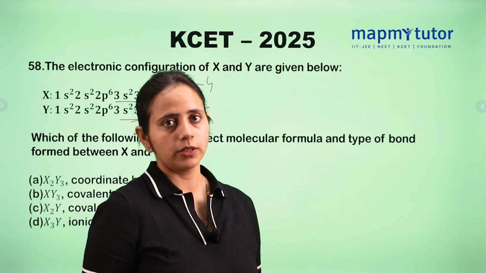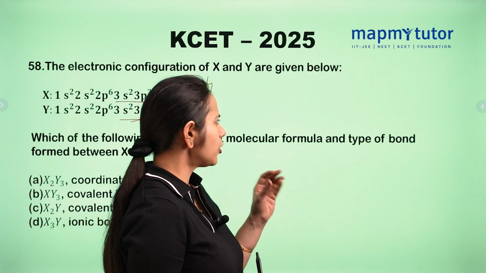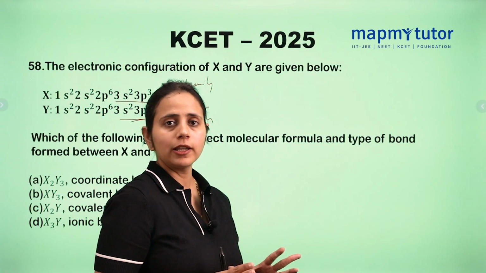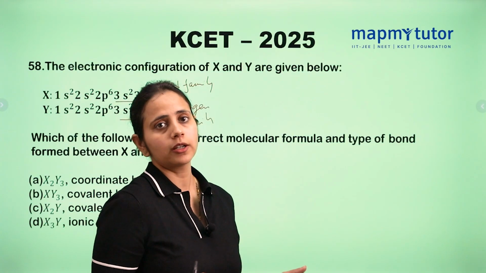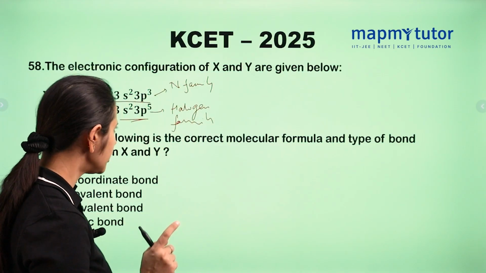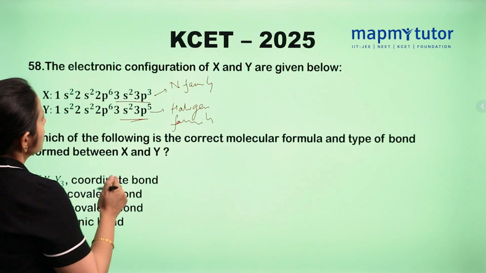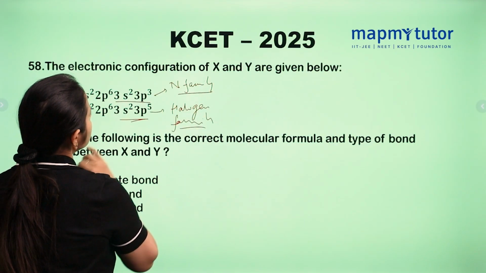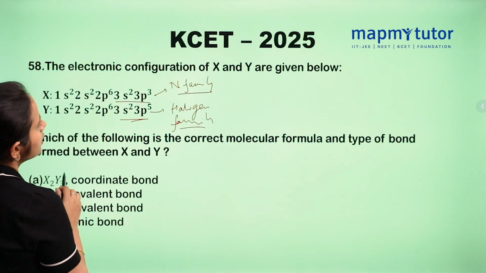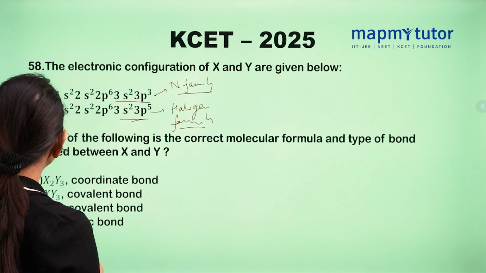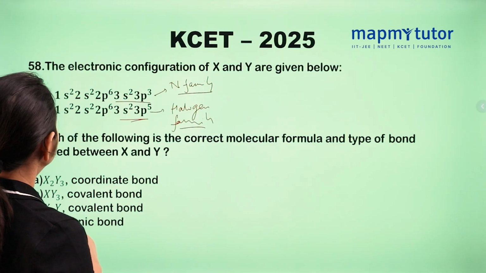It is very important, because the maximum number of questions in inorganic chemistry require electronic configuration. It will definitely help you. This is a nitrogen family and this is a halogen family, and the question is about the type of bond between X and Y.